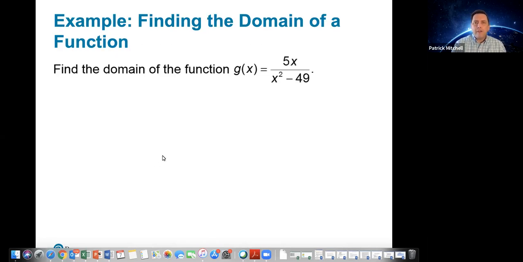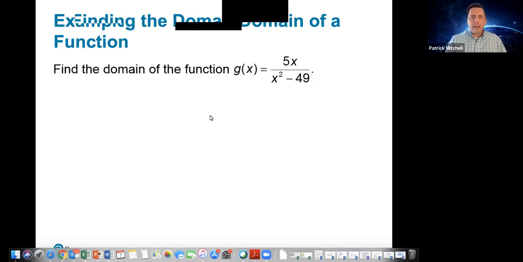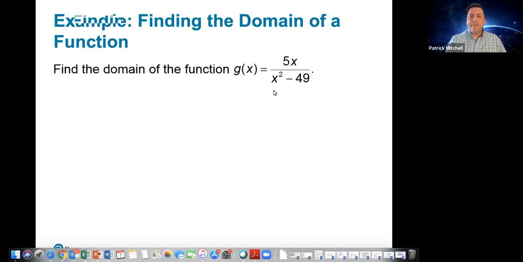All right, so for this first example, let's find the domain of the function g of x equals 5x over x squared minus 49. Notice that this function does involve division. So what we need to be on the lookout for with this one is that we don't divide by 0.